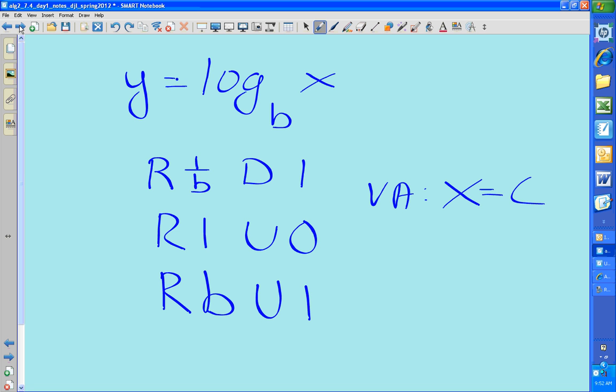Your vertical asymptote will always be x equals c. Where is c in this? You should know where c is. It's the same place it's been since chapter 2. Where does c appear? Next to x.